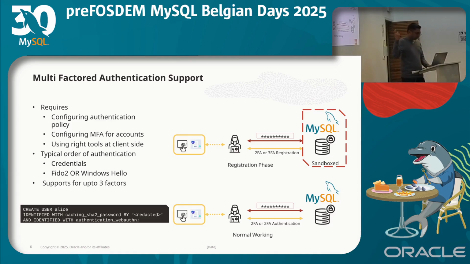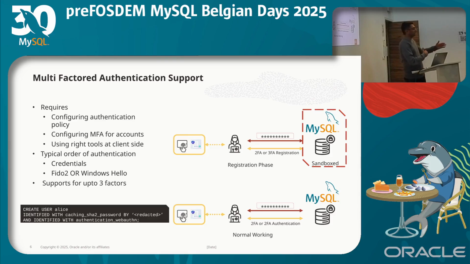So you need to configure the authentication policy. You need to create an account which utilizes the multi-factor authentication, which in this case will look something like this. The first factor is your regular caching SHA-2 password, and then you say, hey, that's okay, but in addition to it, you also use a second factor authentication provided by the authentication plugin.